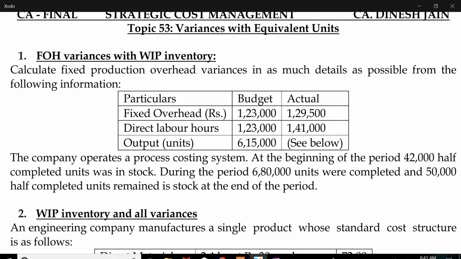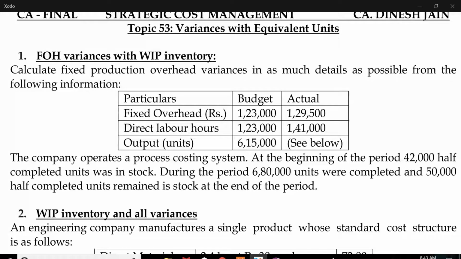Now, standard quantity is calculated with the help of actual output. Standard time is calculated with the help of actual output. Everything is computed with the help of actual output, and the problem you will face is that actual output is actual production. But in a company, it's not necessary that the production has to be fully completed.